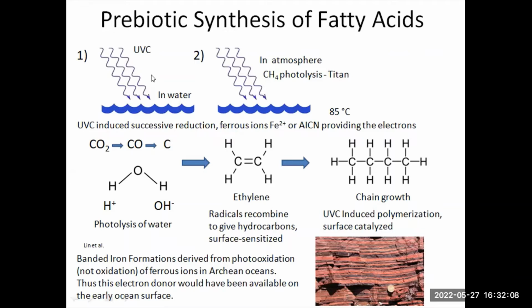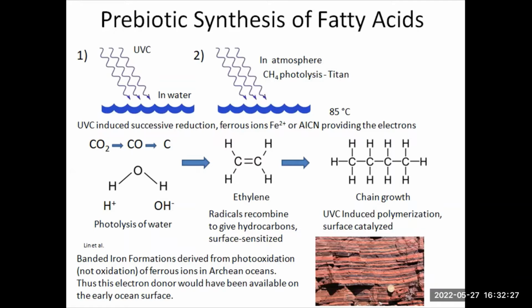And the most likely greenhouse gas would have been carbon dioxide. So probably the ocean surface water was also saturated with carbon dioxide. And we had ultraviolet light in the UVC range over this water.